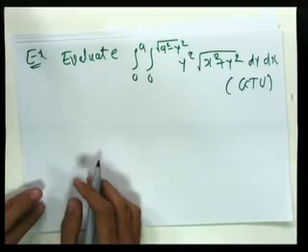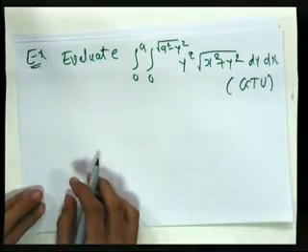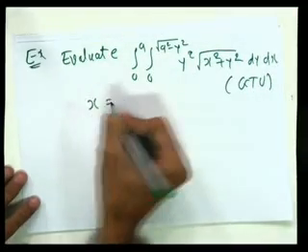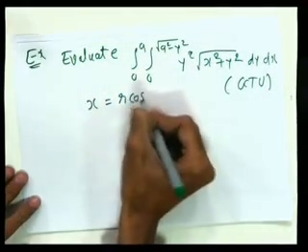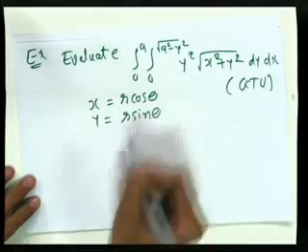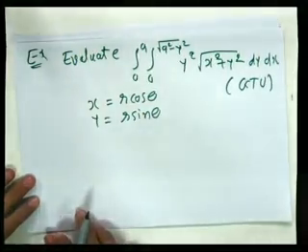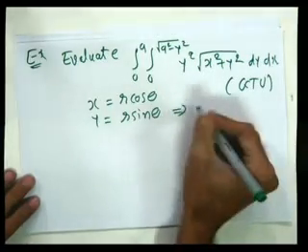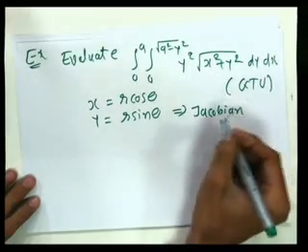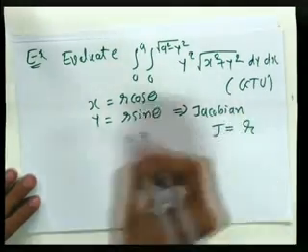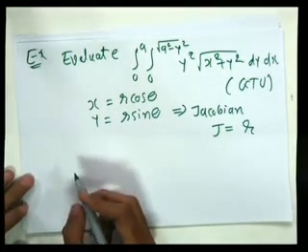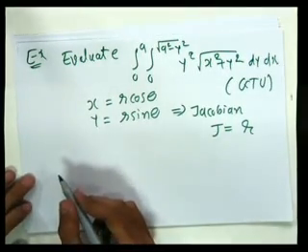Here if we take polar coordinates, x is equal to r cos theta and y is equal to r sin theta. First we fix the Jacobian, J is equal to r, as we have discussed, and then we need to find the limits of r and theta as well.